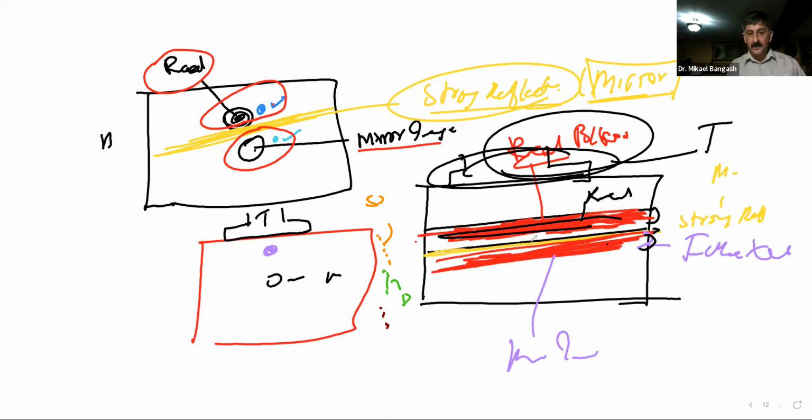Right next to it, we just had a strong reflector. Any kind of tissue that produces a strong reflection would be considered a strong reflector. It would act as a mirror, and deeper to that mirror you have a true copy of this blood vessel as well.